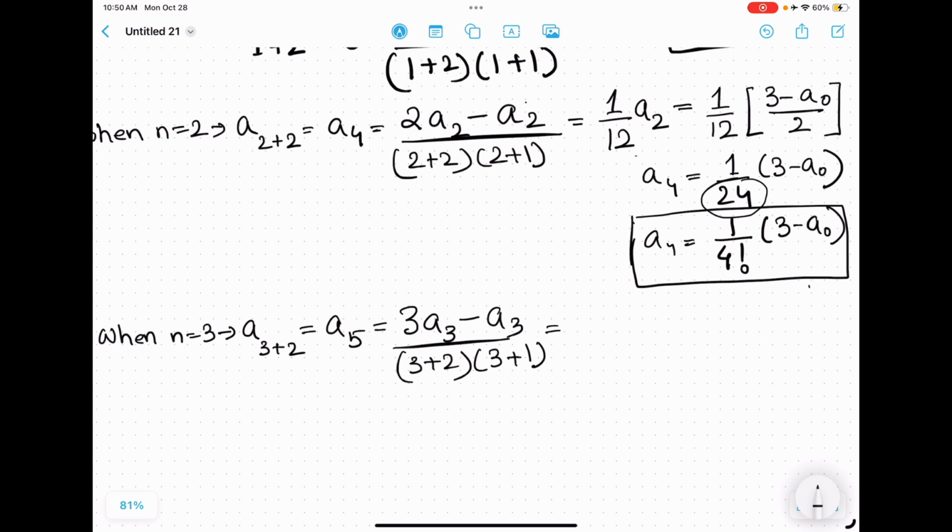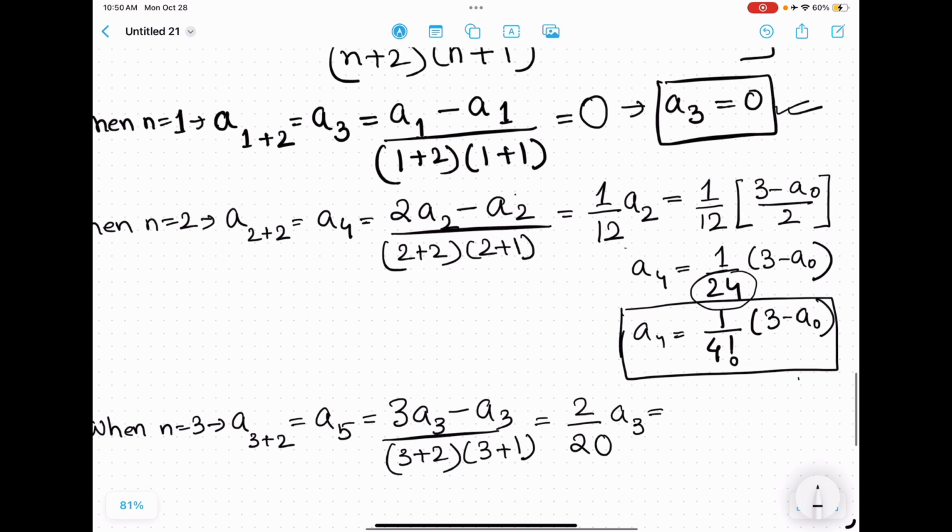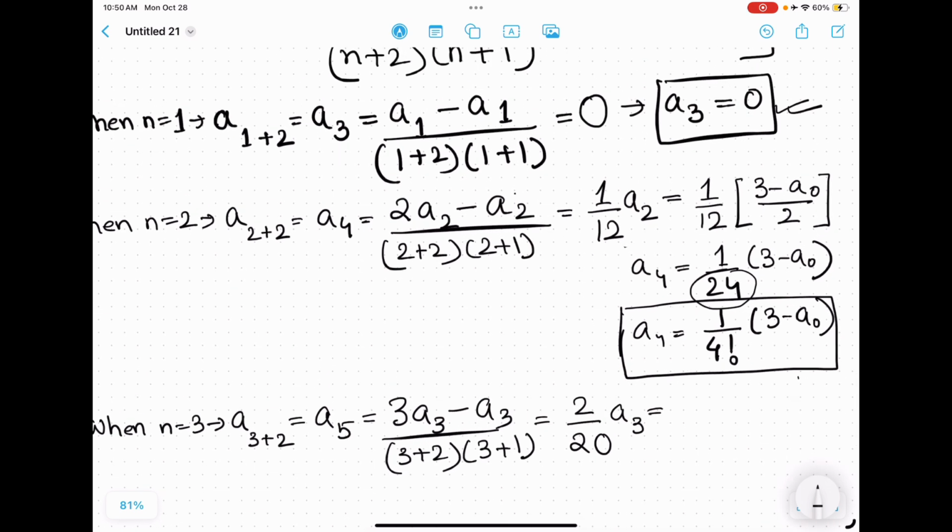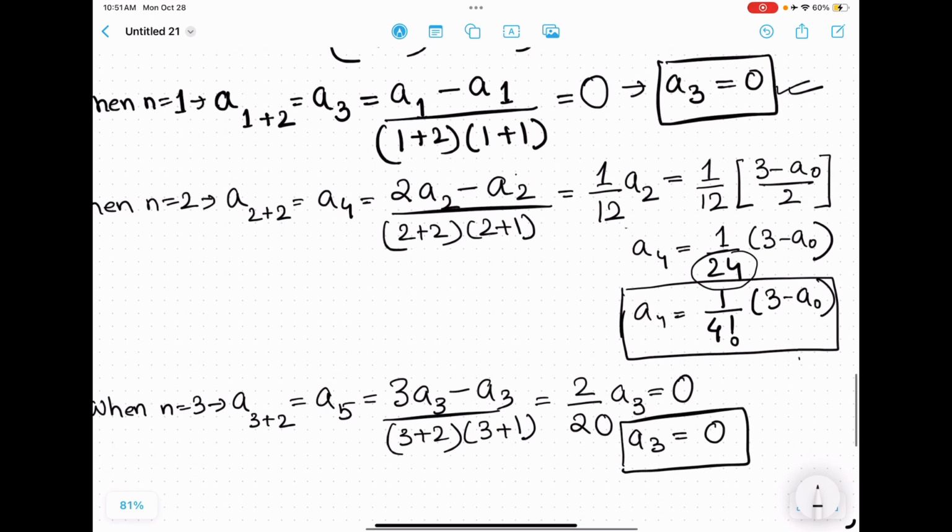Now, when I further simplify it, I get 2 by 20 a sub 3. Now, if you look over here, I can see that my a sub 3 is equal to 0. So that means this is 0. Hence, my a sub 5 is a 0. Oh, it's supposed to be a sub 5.